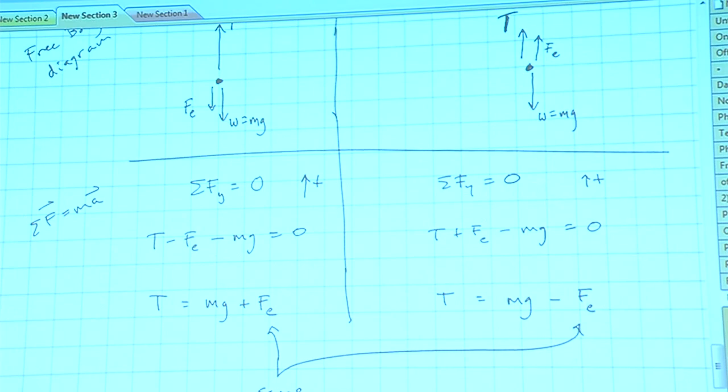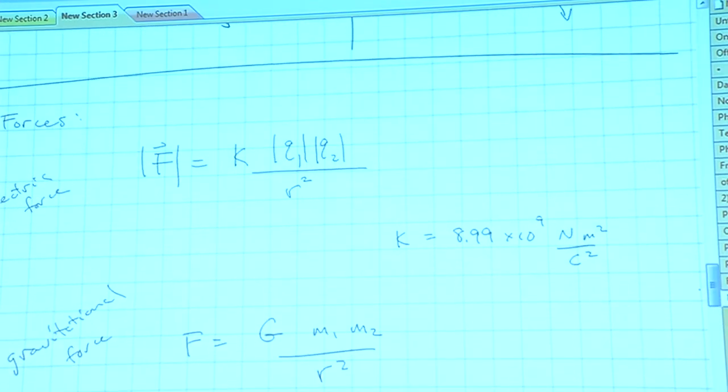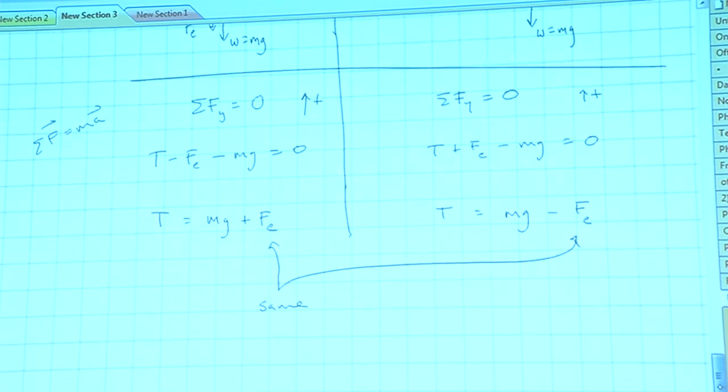Because the two charges are the same, the distances are the same. Where's our equation? K Q1 Q2 over R squared. Q1 and Q2 have the same magnitude in both cases. The distance is the same. K is a constant. So the force has the same magnitude in each case.